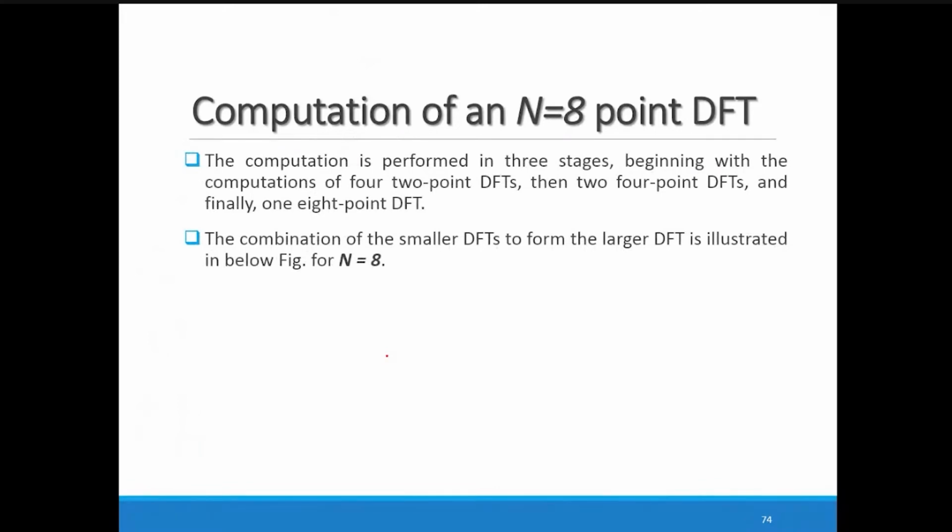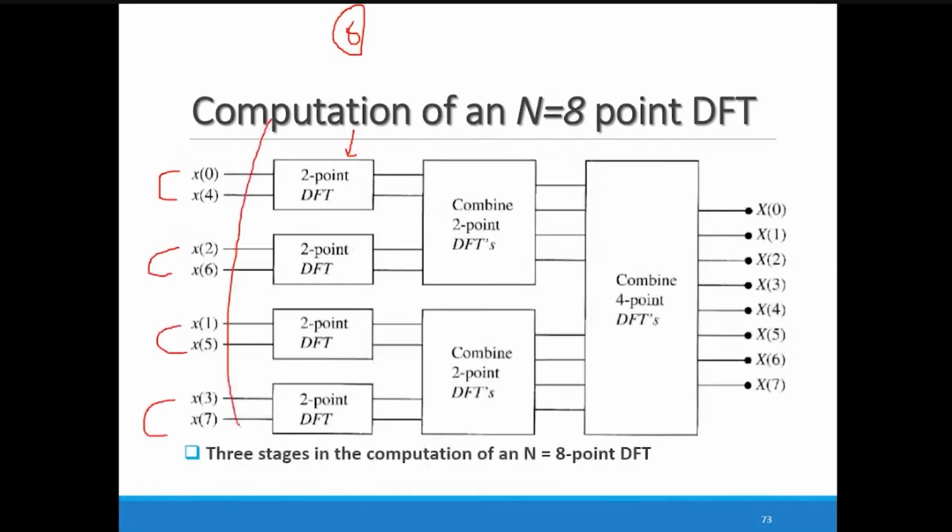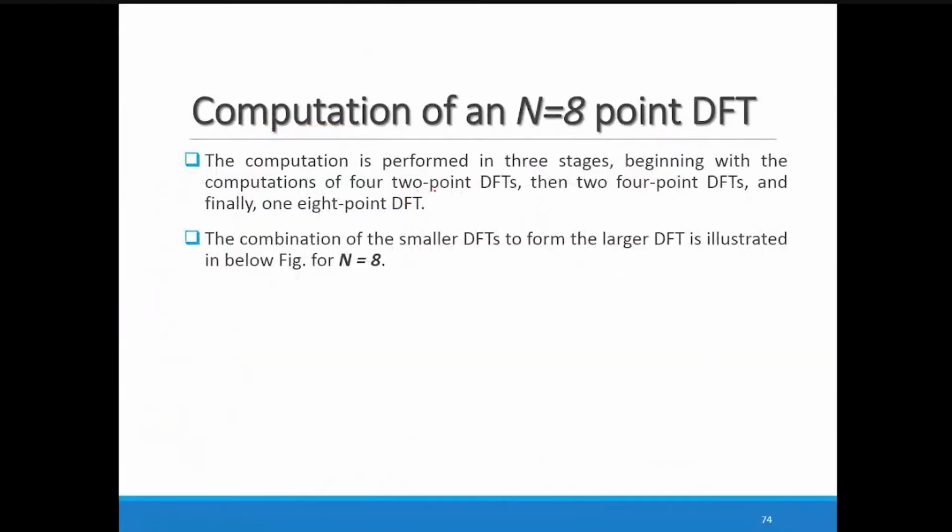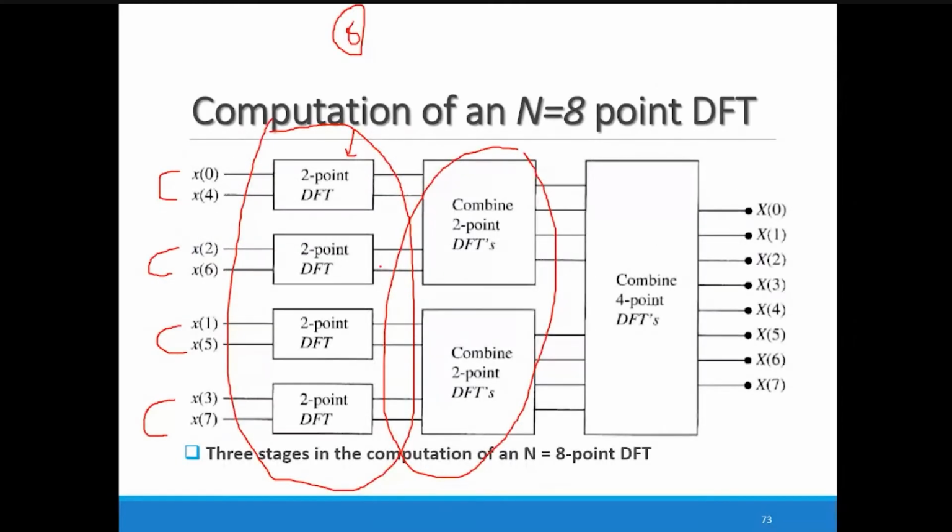Now the computation of an N-point DFT is performed in three stages as we have discussed, beginning with the computation of four 2-point DFTs. This is the first stage. Then two 4-point DFTs. Don't get confused by the words written here, combined 2-point DFTs; the block shows itself as a 4-point DFT, because it combines two 2-point DFTs.